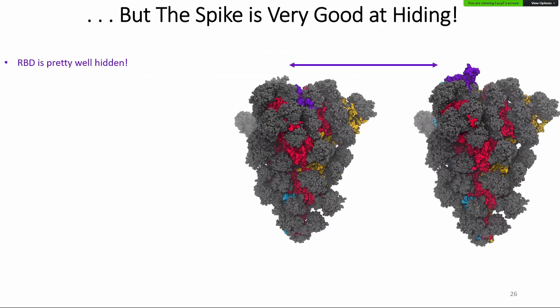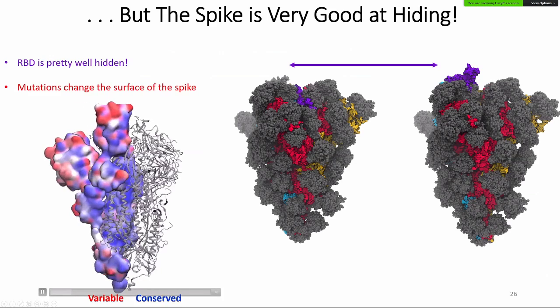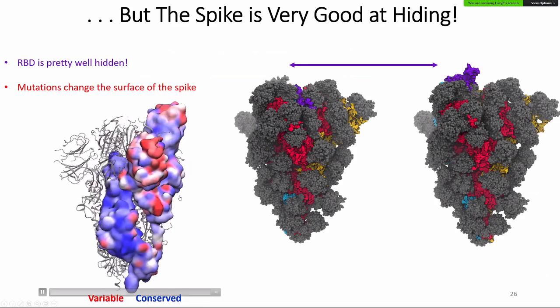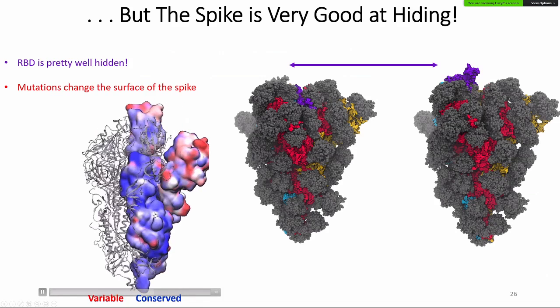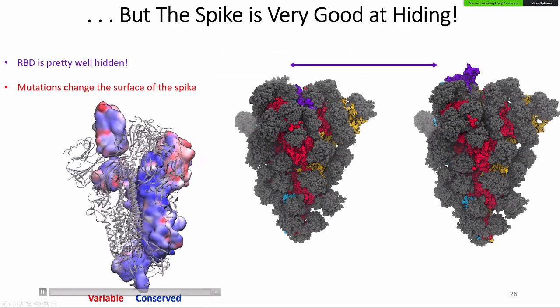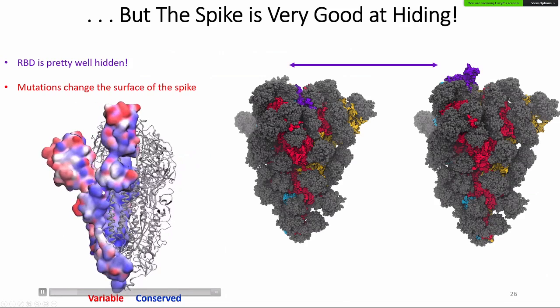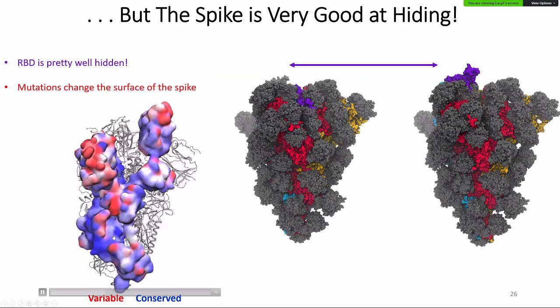So we know a lot, but the spike is really good at hiding, right? The RBD, the receptor binding domain here in purple that has to touch ACE2, hides behind this glycan shield. And to top all of that off, going back to this variant conversation we had earlier, the spike can physically change, right? This kind of representation shows parts of the spike that can change over time in red and parts that are conserved.